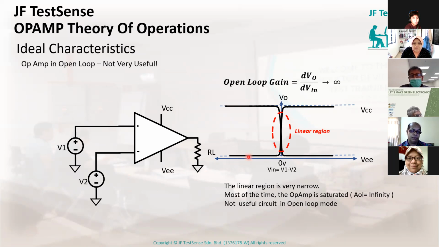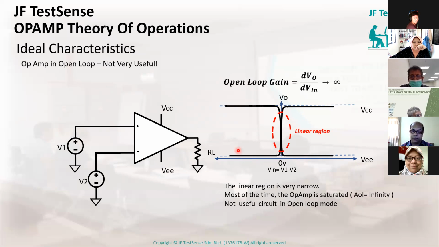You can see here, it's going from the negative supply up to the positive supply, and the linear region is a very, very small region here, because it's a very high gain, so the useful region is very small. So most of the time the op-amp will be either here or here in the open loop condition.